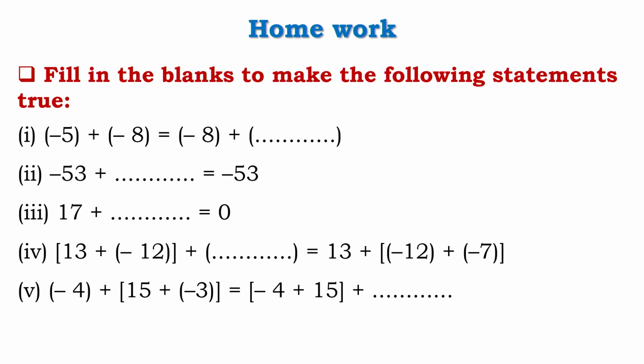Fourth one, 13 plus minus 12 plus dash is equal to 13 plus big bracket minus 12 plus minus 7. Fifth one, minus 4 plus big bracket 15 plus minus 3 is equal to big bracket minus 4 plus 15 plus dash.